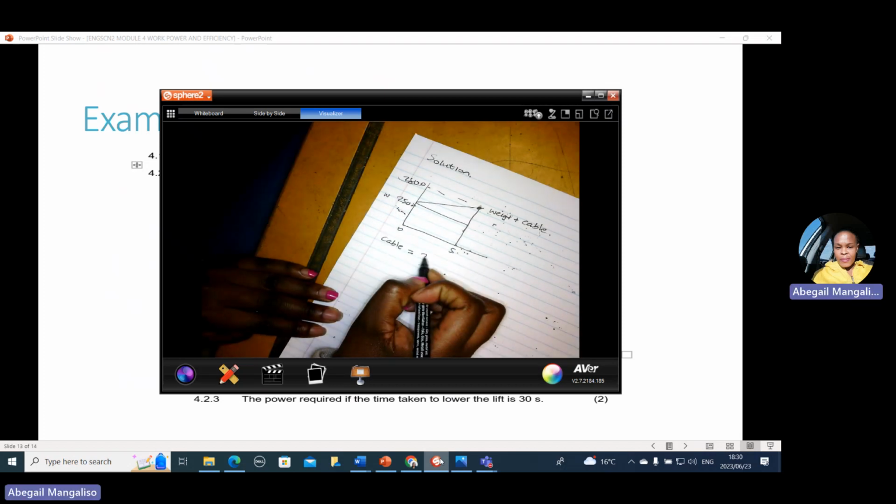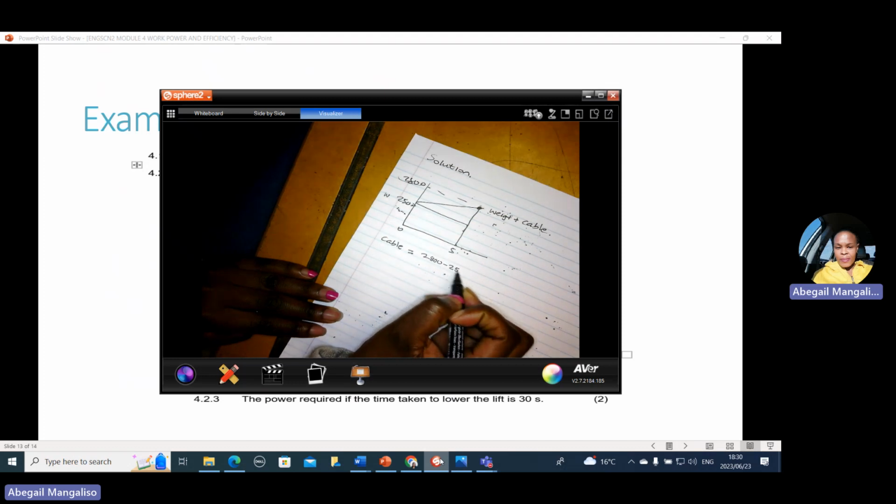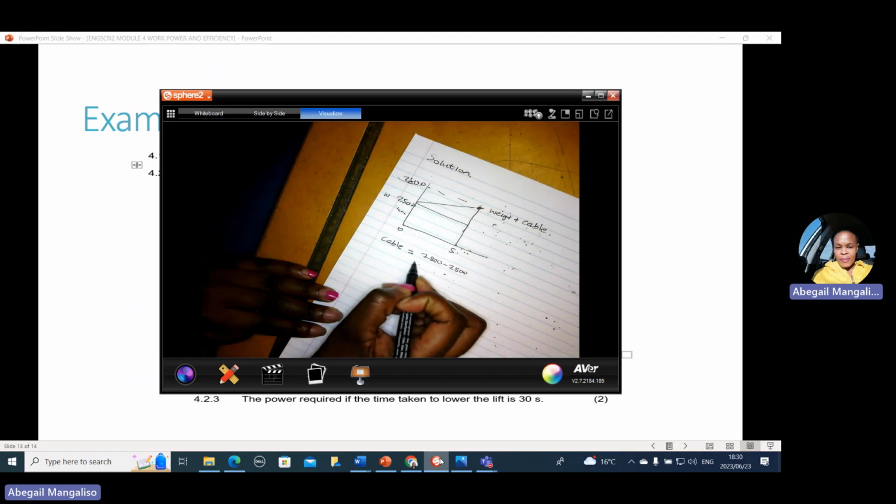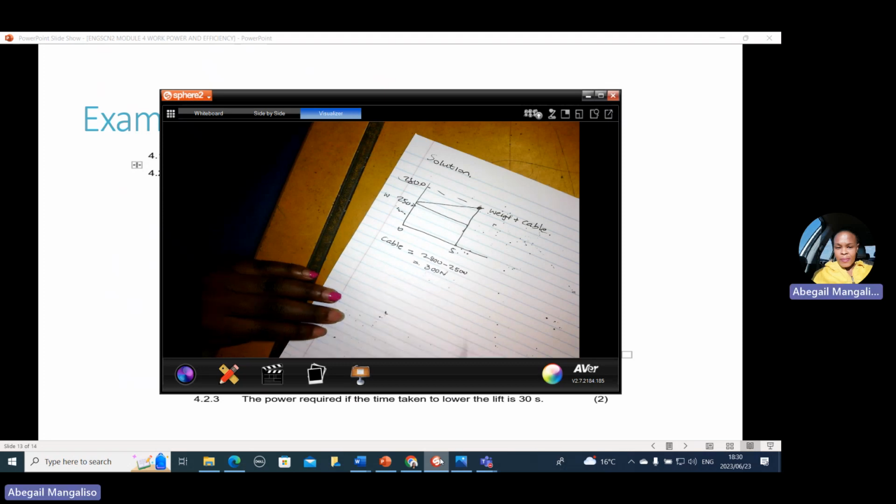So it will be 2,800 minus 2,500. And the answer for the cable here will be 300 newtons. So once you get the difference, the answer will also be in newtons.